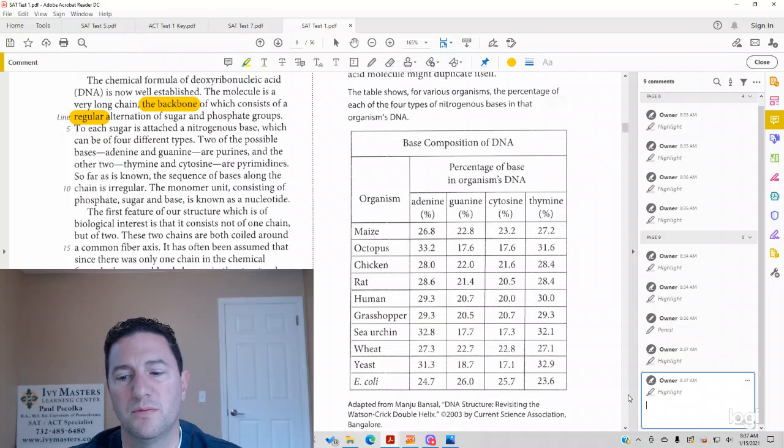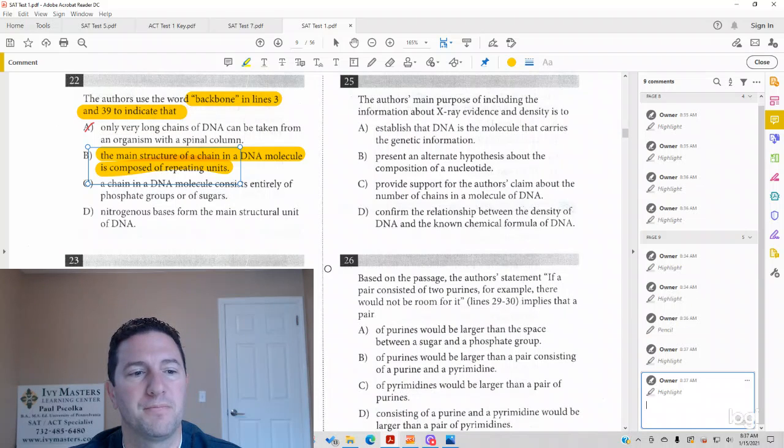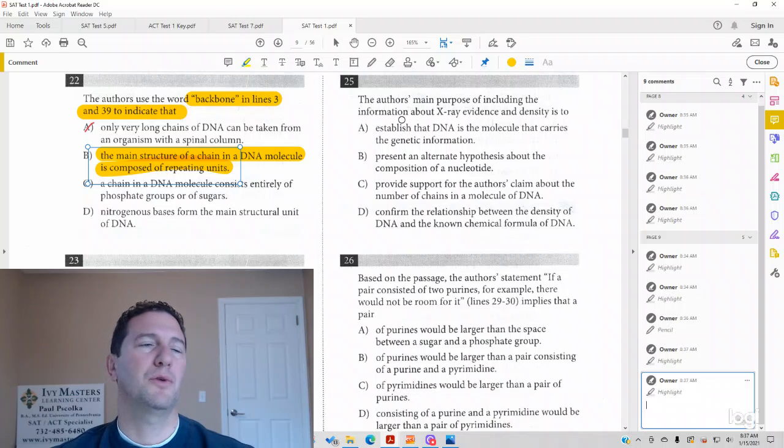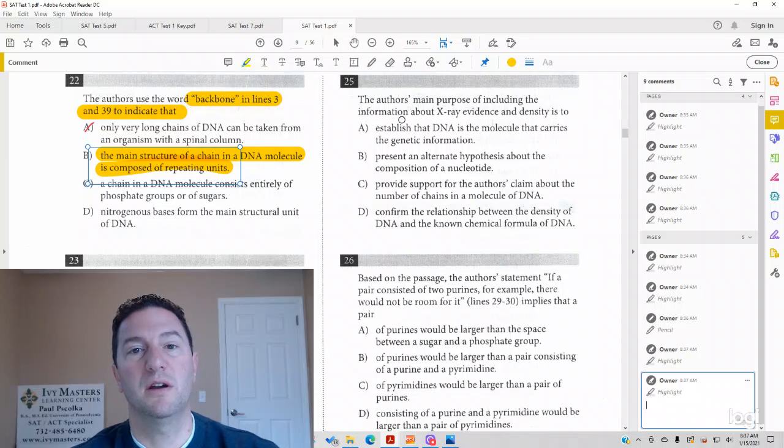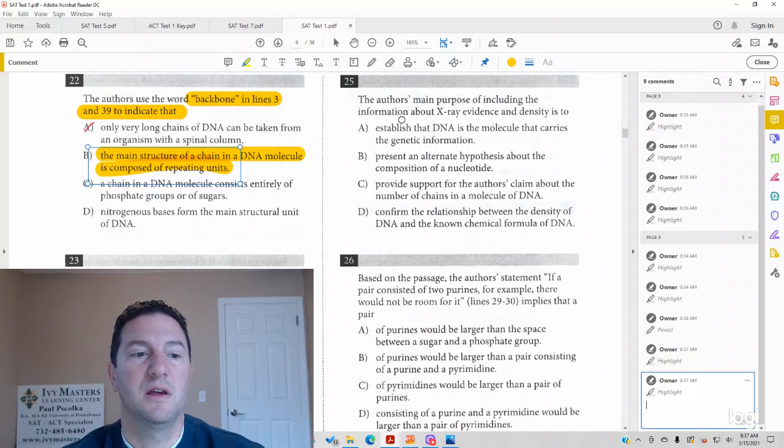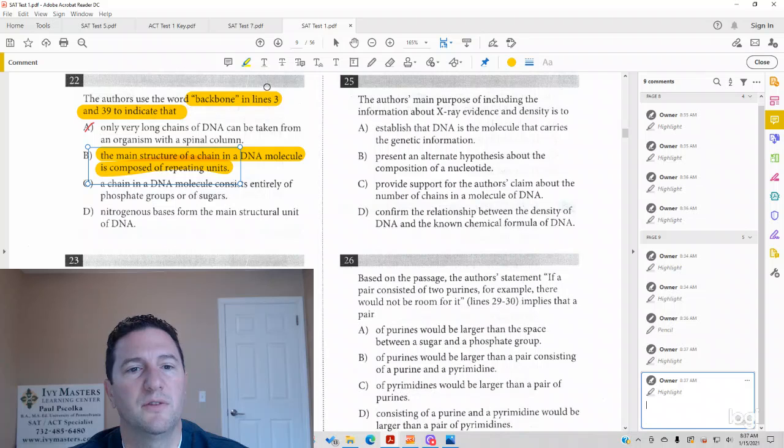Sugar and phosphate groups. That's right. Okay. So that looks good. And also, you could think of a regular polygon. A regular triangle would have 3 60-degree angles. A regular quadrilateral would be a square. It would have 4 90-degree angles. And if you were to spin it, you get the same thing. It doesn't change. So regular alternation, it's going to be sugar, phosphate, sugar, phosphate.